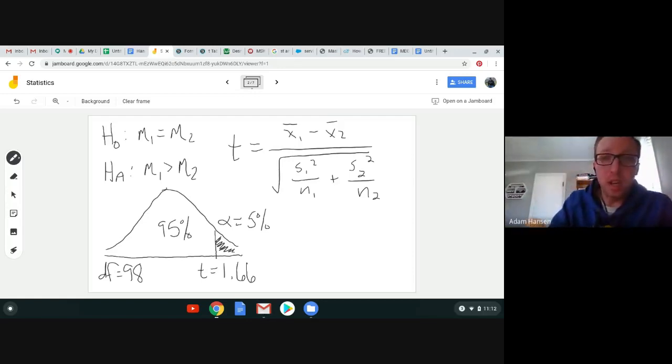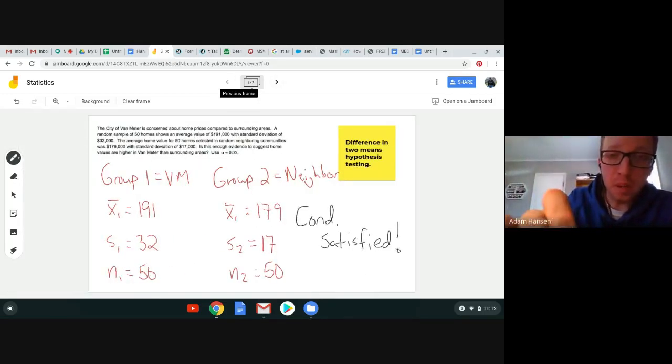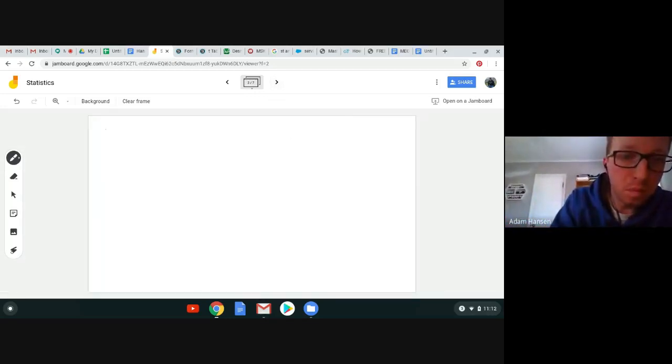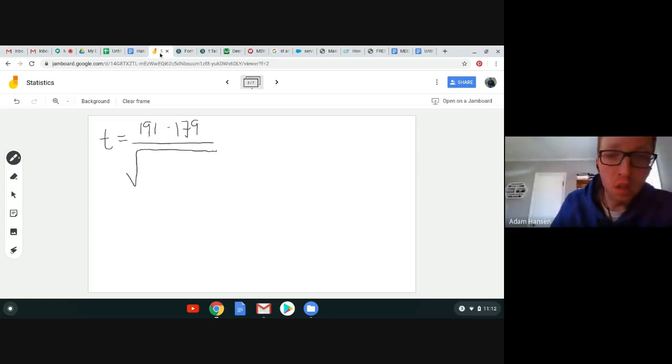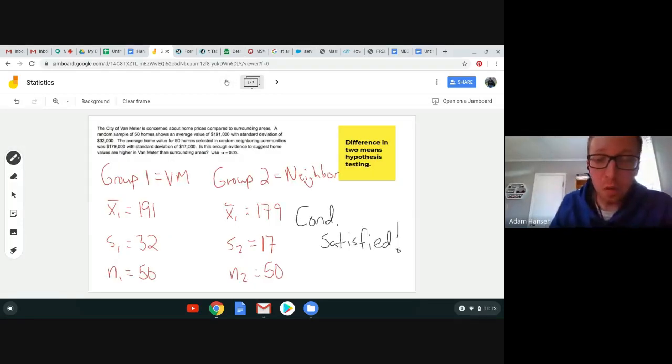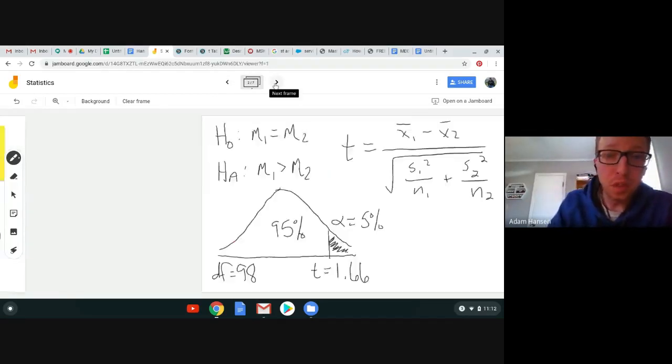All right, so let's go ahead on the next page and get this set up. We have 191 minus 179, divided by the square root of 32 squared over 50 plus 17 squared over 50.